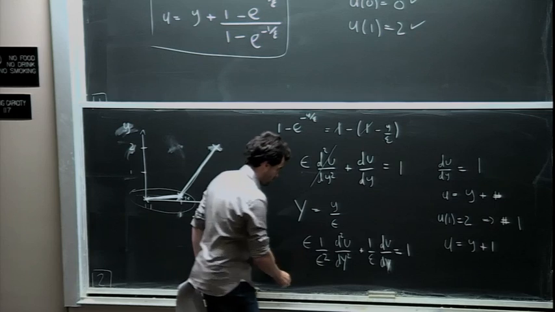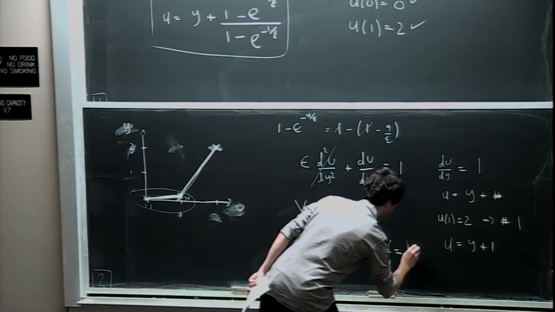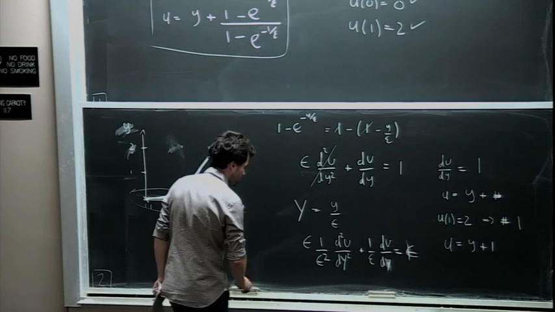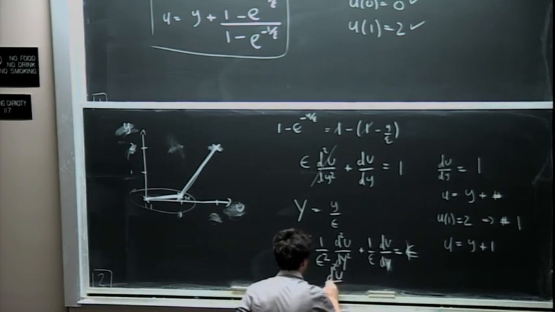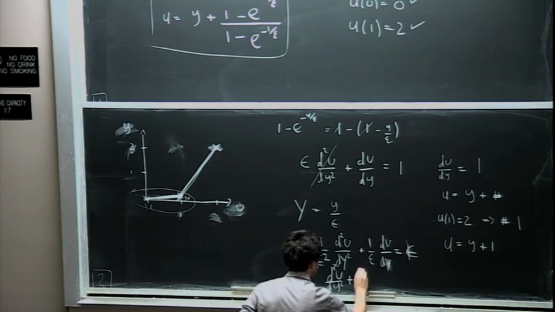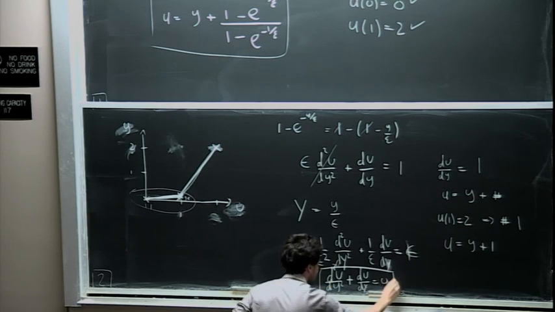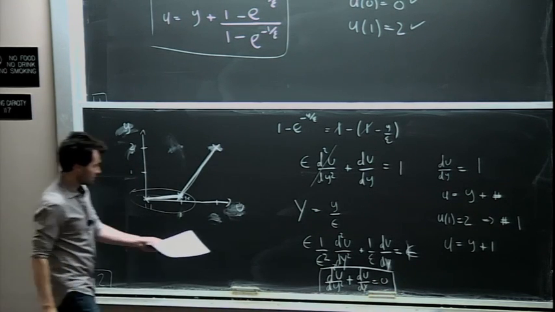Okay. So we can basically multiply everything by epsilon, right? And the equation which we find is just d2u by dy squared plus du by dy is equal to 0. Okay. And now we can go and solve this equation over here.